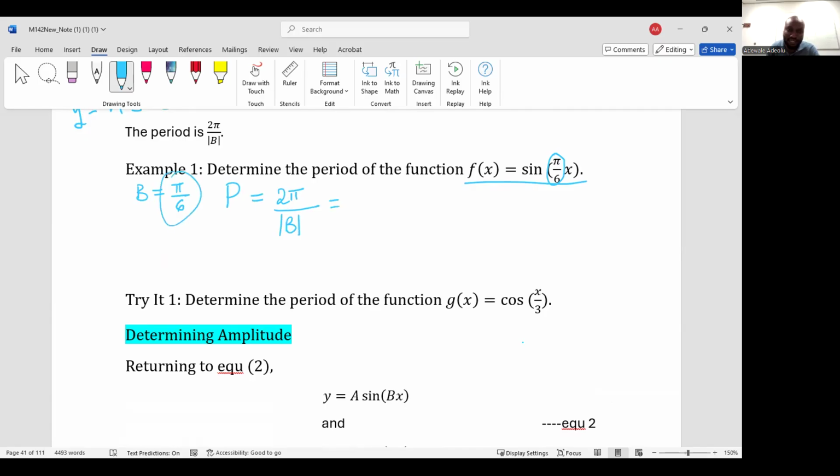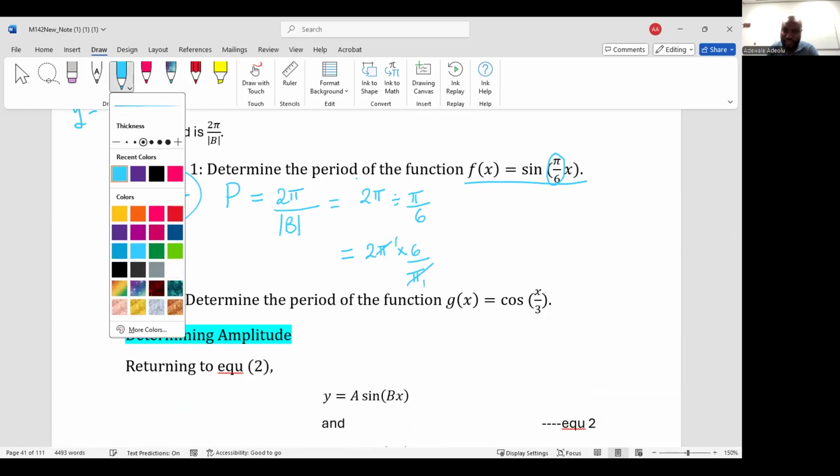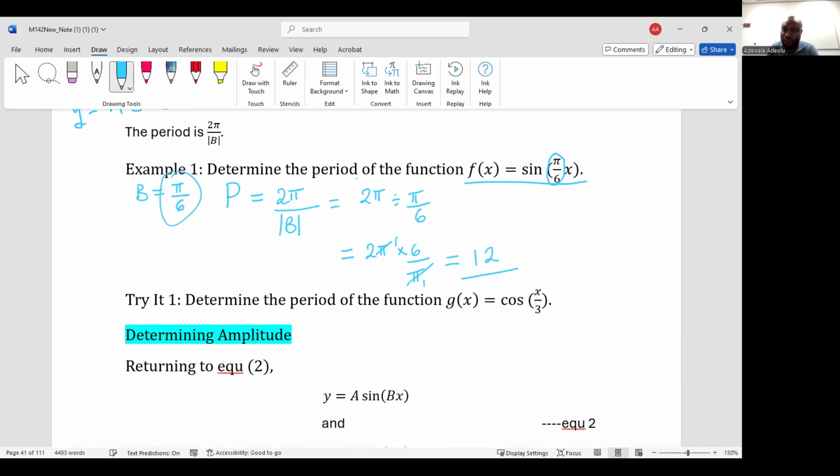The absolute value of pi over 6 is pi over 6. So we have 2 pi divided by pi over 6, and we do have 2 pi times 6 over pi. So we can cancel pi with pi, and we do have that the period is 12. That is the period for that function. So we see the period is very big now, 12.